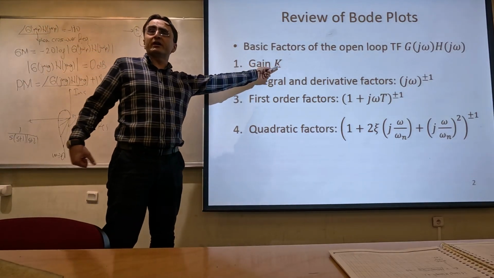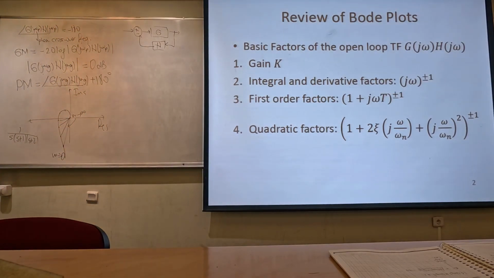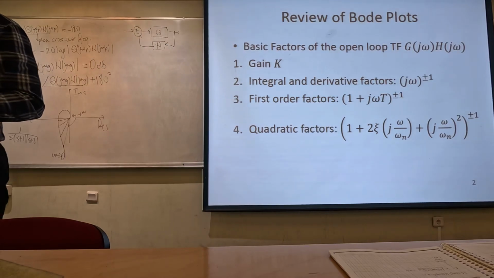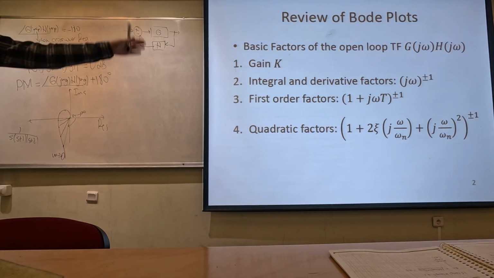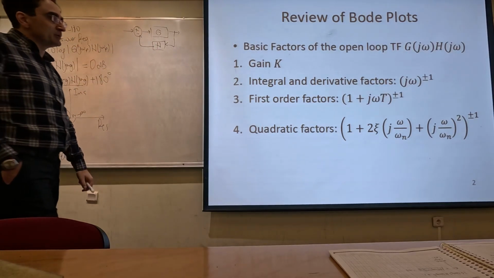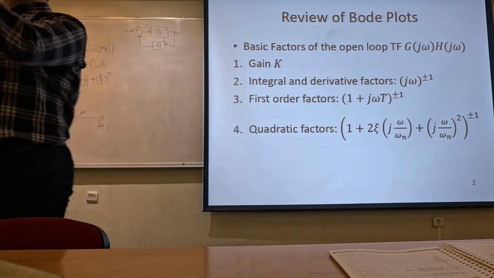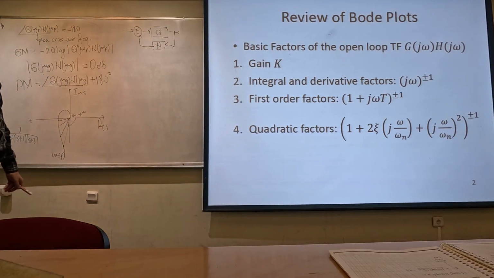In this GH we can have some gains, K. We are assuming positive gains in this part. We really do not want to deal with the additional phase coming from negative gain values. So almost always we are considering positive gains in this part of the course. Integral and derivative terms, these are the S's or 1 over S's in our open loop transfer functions.